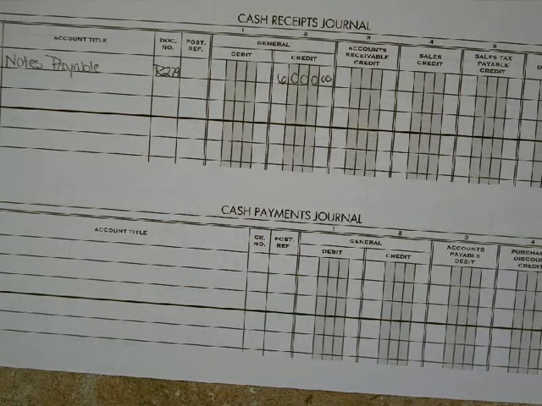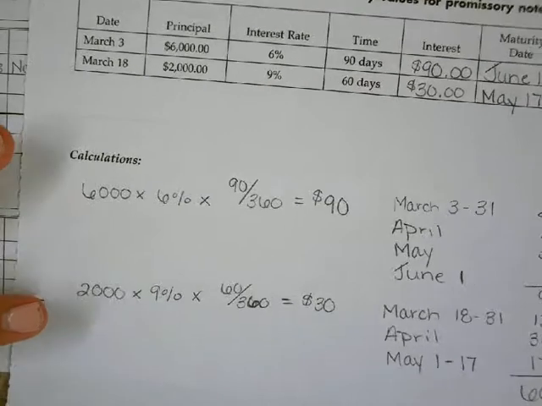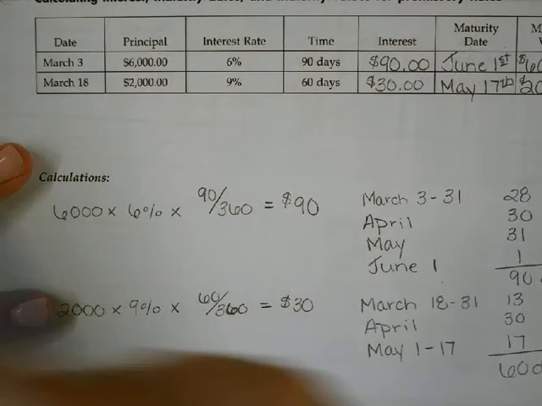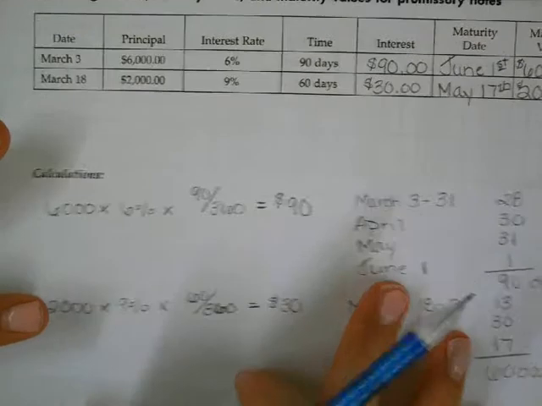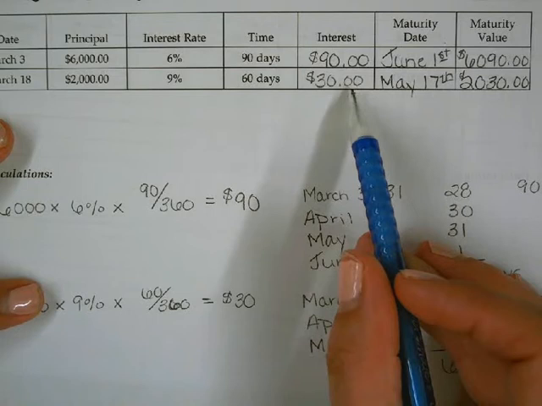Check number 255. Okay, so I'm going to go back here and I'm going to look. Which one is my 2000? My March 18th. Now on March 18th, I can see that my interest for that note is $30. My maturity date is May 17th, and my maturity value is $2,030.